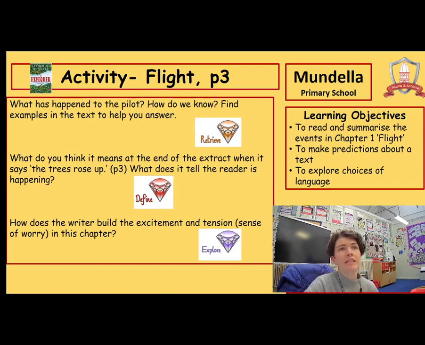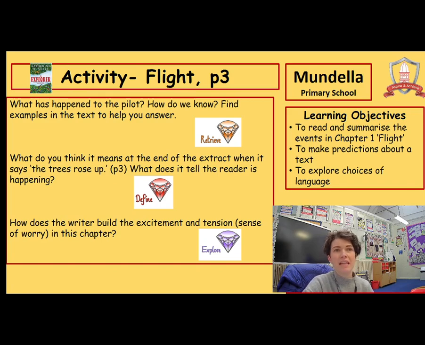So, your main activity here. 3 questions that I would like you to answer, and they each relate to a different reading skill. The page I'd like you to focus on is page 3. Okay? So the first question, what has happened to the pilot? How do we know? Find examples in that text to help you answer.